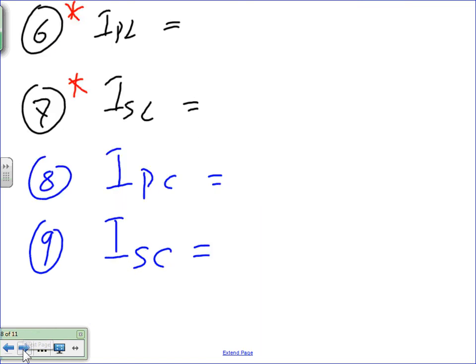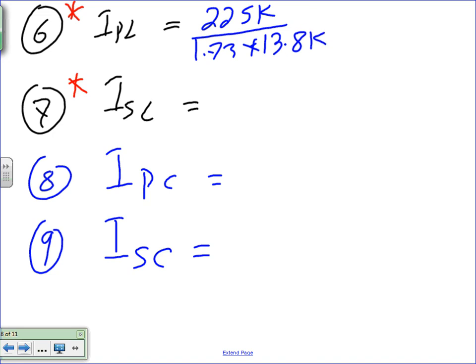All right. Now, I put that little asterisk or star to identify that 6 and 7 are very important quantities that we're going to use to size things. So I primary line, the primary line, guys, piece of cake: we're going to take 2,250 K, remember the K, divided by 1.73 times what's the primary voltage? 13.8 K. And by the way, the K goes with the K when you do your calculation, right?